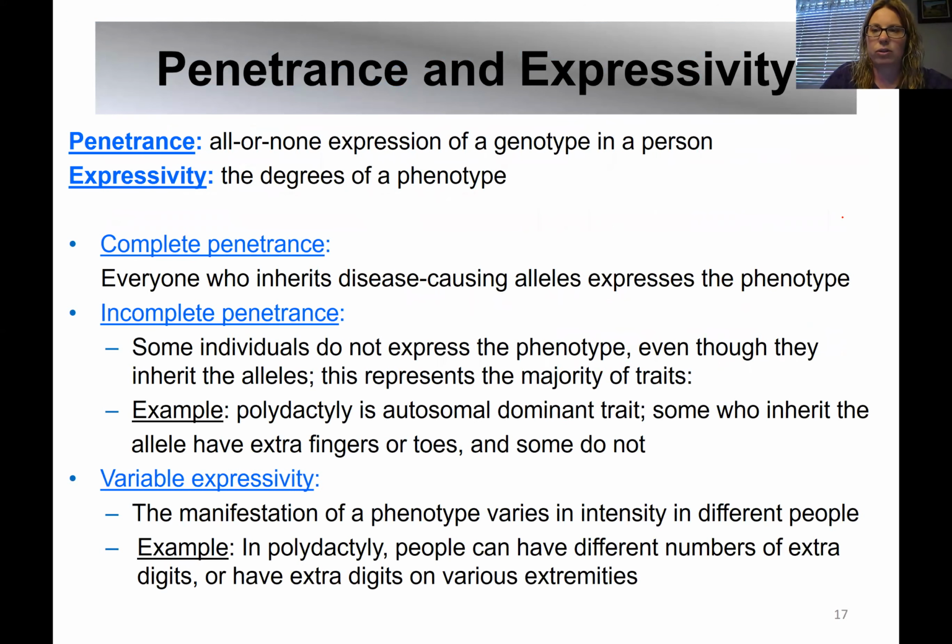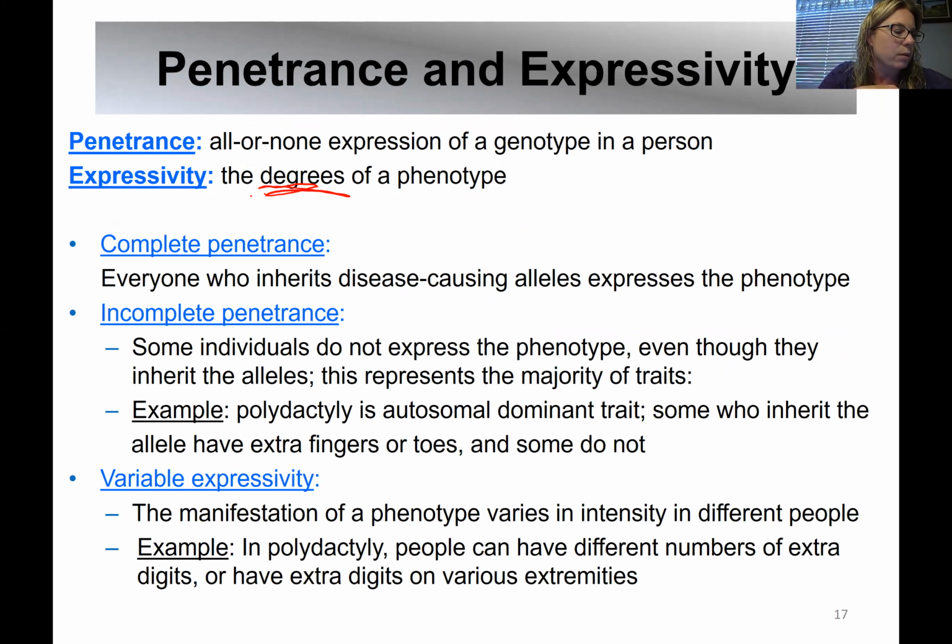So the term penetrance means there's basically all or none expression of a gene. So either a gene is expressed or it's not. Okay, and some genes fit into that category. Others are not. Okay, and expressivity determines the degree of a phenotype. Okay, the degree of which that gene is expressed.